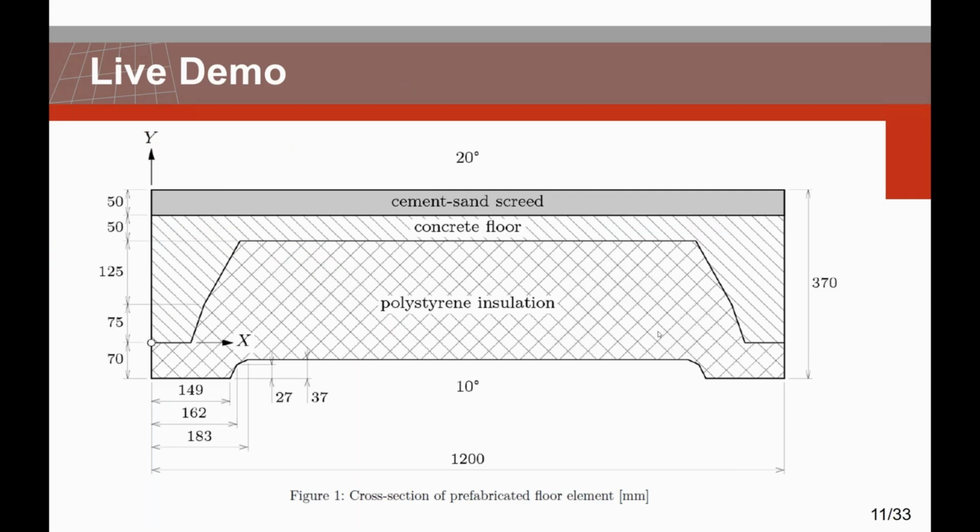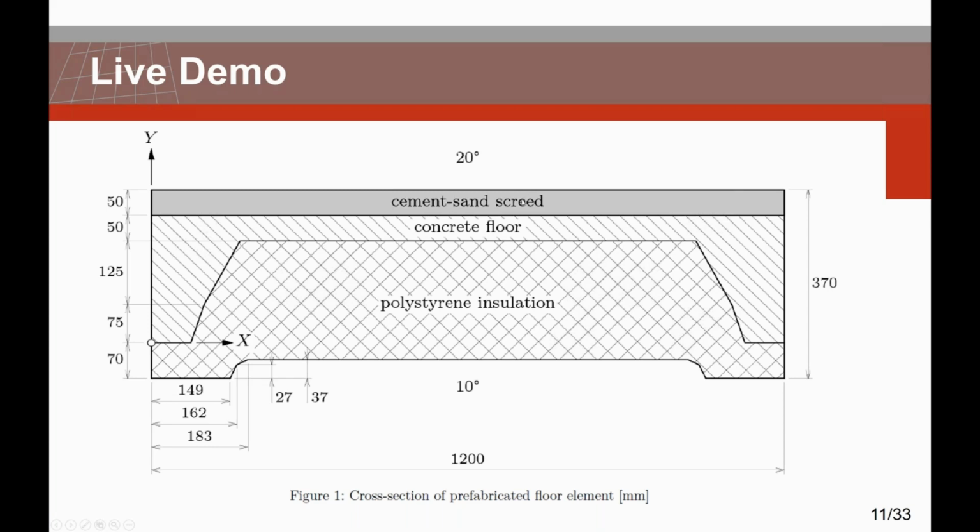So the model is a prefabricated floor. You can see the cross section on this slide. It consists of three layers: a prefabricated insulation of expanded polystyrene foam. A concrete floor is cast on top of the insulation, and the top of the floor is finished with a cement sand screed.